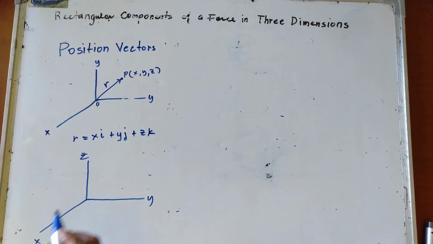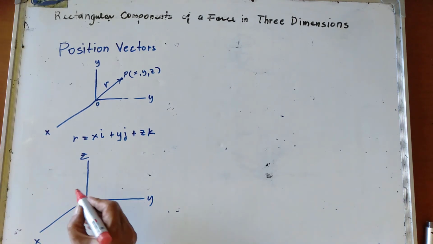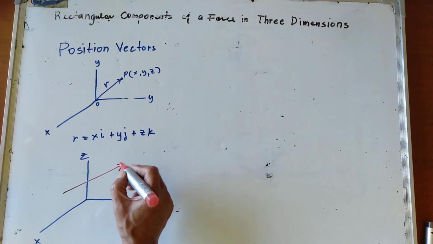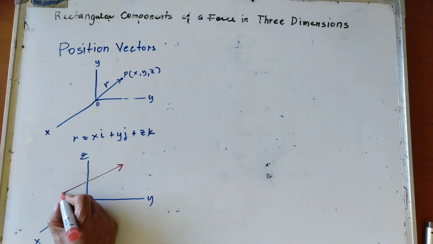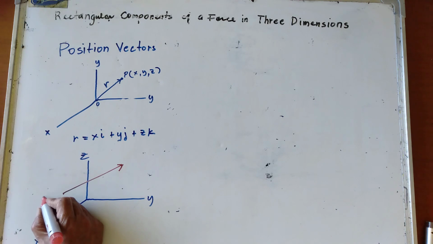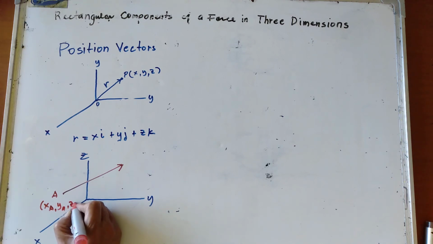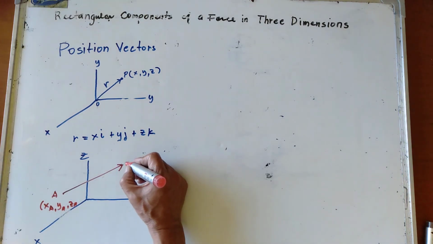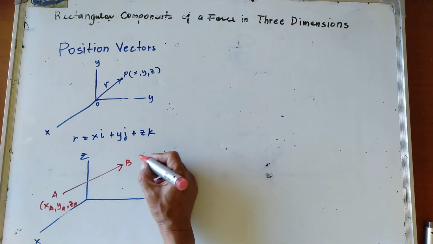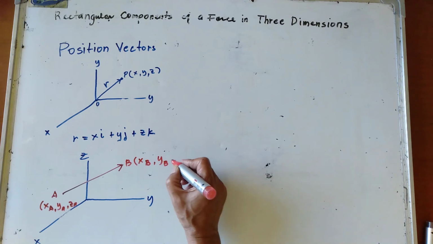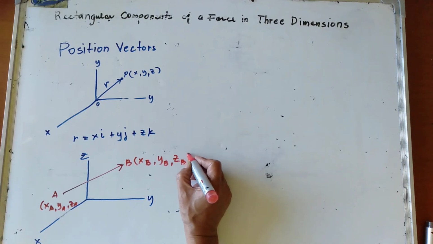Let us consider a position vector R that originates from point A, whose coordinates are x sub A, y sub A, and z sub A, and extends to point B, whose coordinates are x sub B, y sub B, and z sub B.